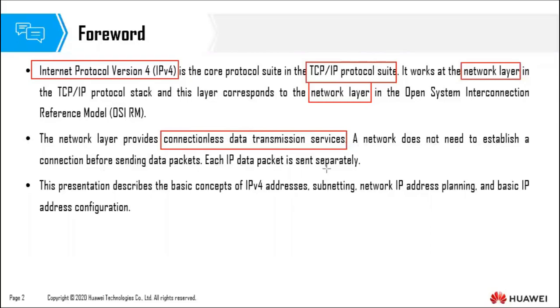Each IP data packet is sent separately. This presentation describes the basic concepts of IPv4 addresses. Then we're also going to look at a concept called subnetting, network IP address planning, and also the basic IP address configuration.